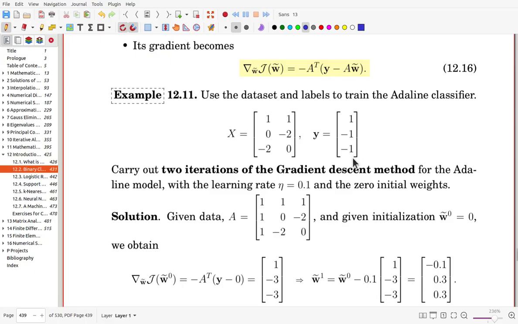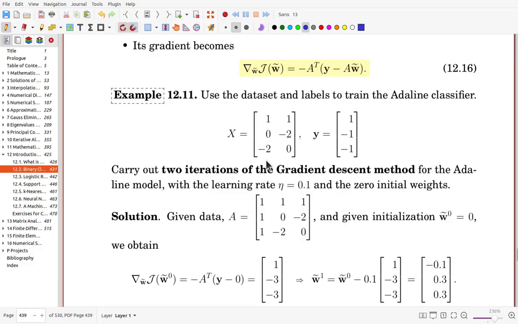We'll try to do 2 iterations of the gradient descent method for the Adaline model. Now, that is the gradient, so we use this form to get the correction vector. In the beginning, we start with 0 initialization, and eta is 0.1.